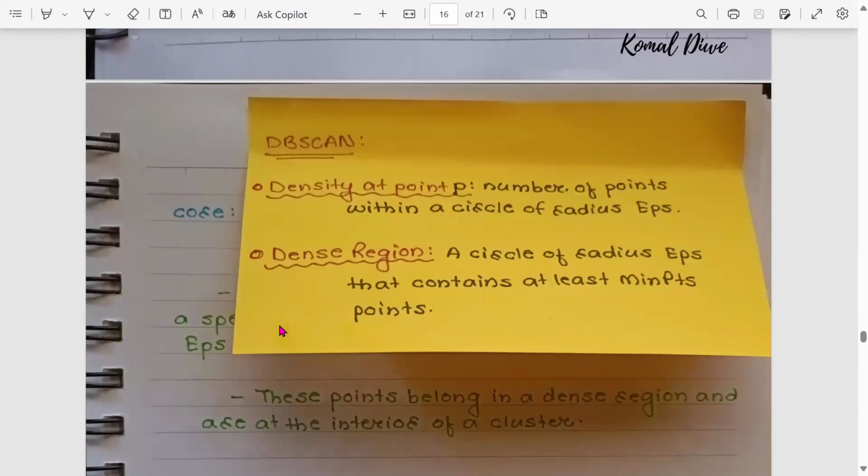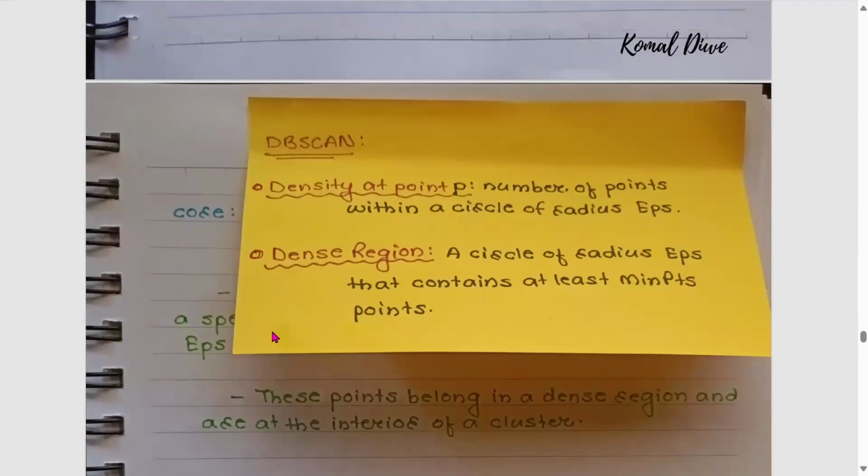DBSCAN density at point P means the number of points within a circle of radius epsilon. Epsilon means distance.